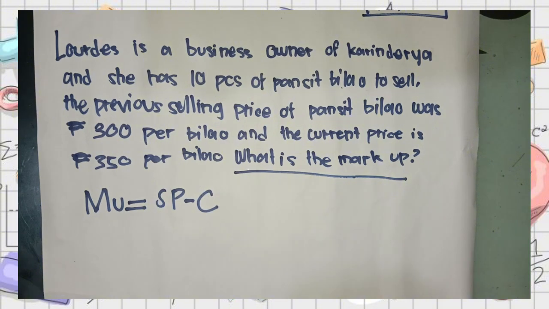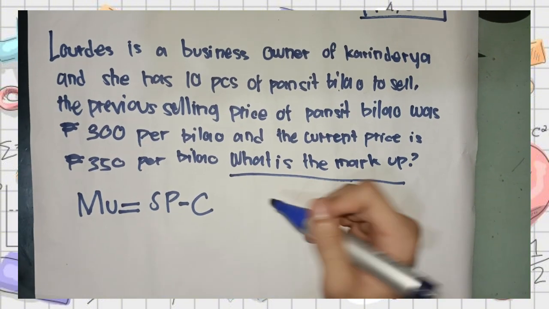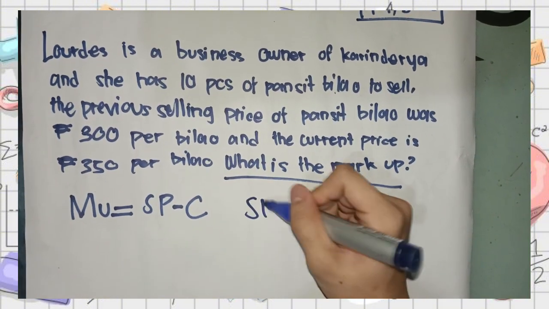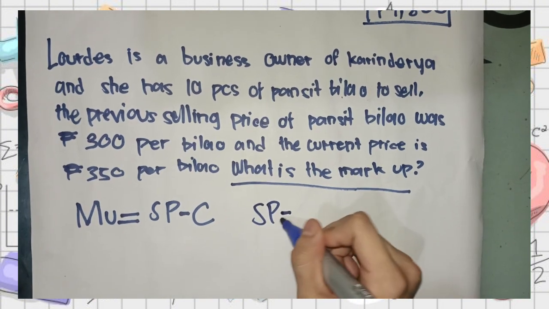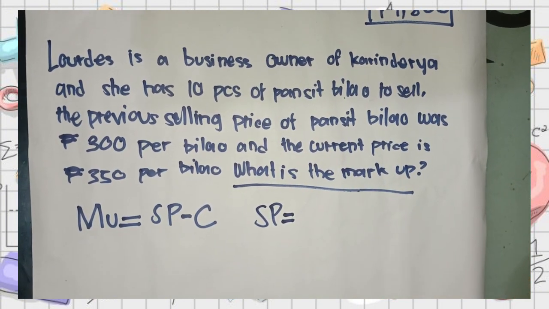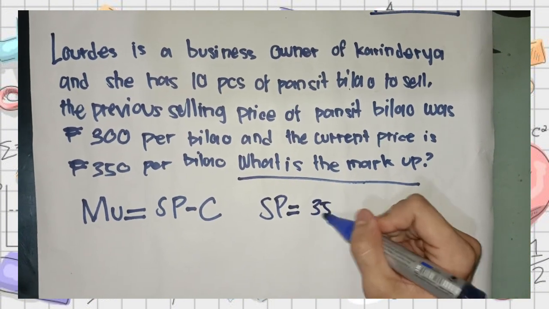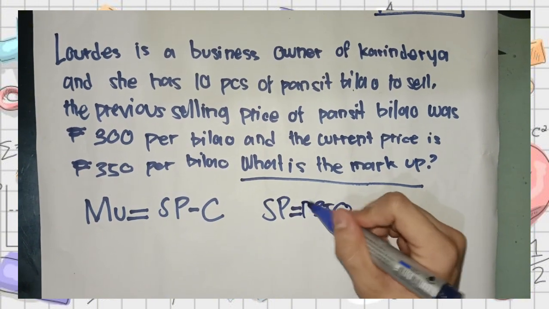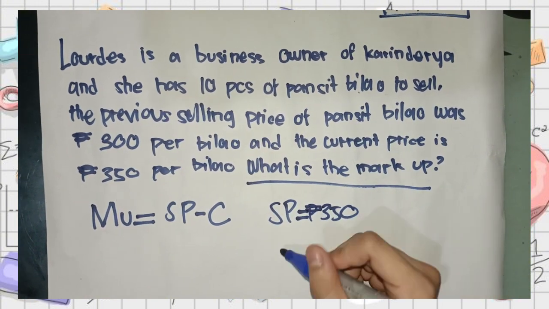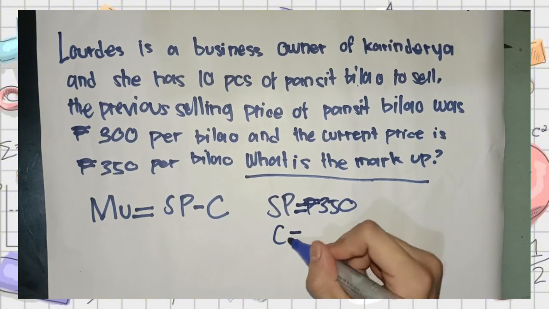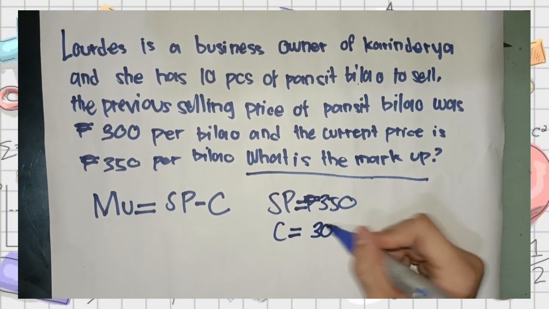The selling price is 350 pesos. Yan. 350 pesos yung selling price natin. So, yung cost or yung original price is yung 300 pesos naman na dating price nung per bilao.